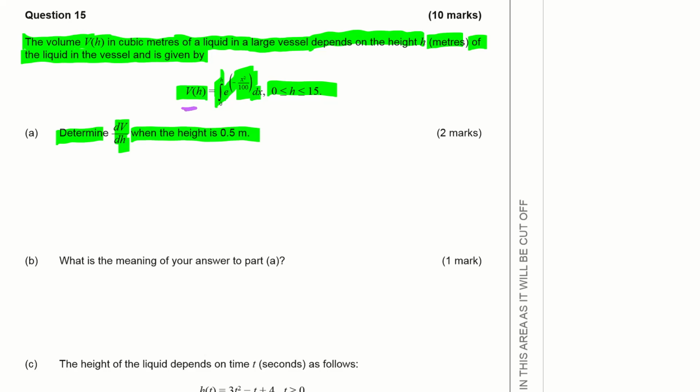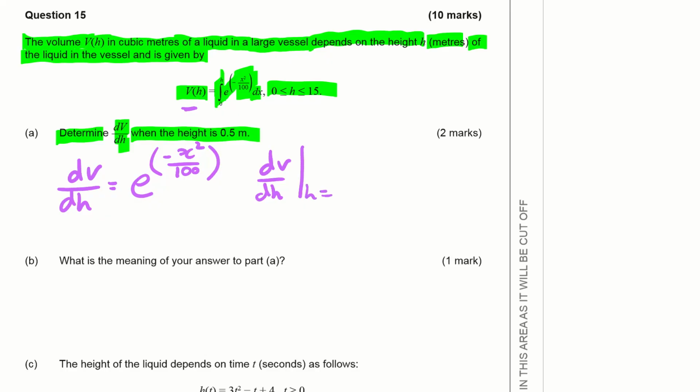So, if this is V, and we know that differentiation and integration are just reverse processes, it follows that dV/dh is e to the negative x squared over 100. And if we want to evaluate that when h is equal to 0.5, correction here, that should actually be an h, because that was the limit there.